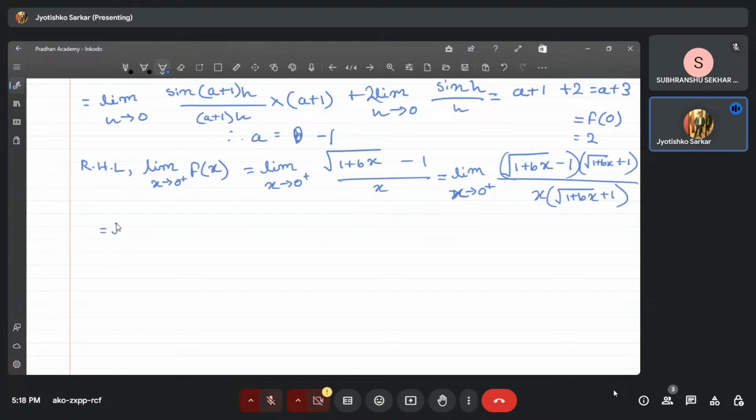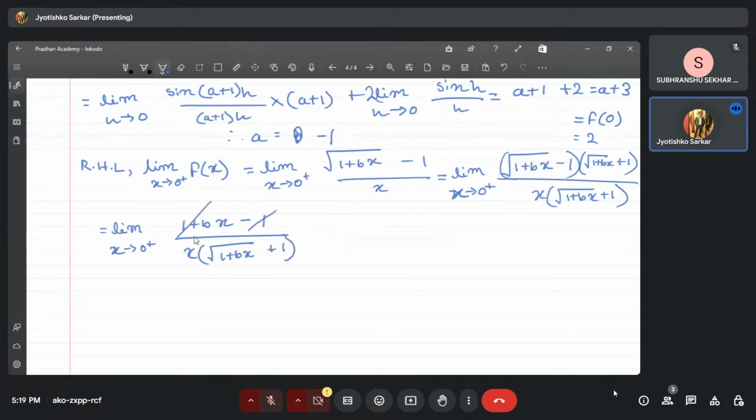So it will give us 1 plus bx, a square minus b square, so that is root over 1 plus bx squared, that is 1 plus bx, and minus 1 square is 1, and x into root over 1 plus bx plus 1.